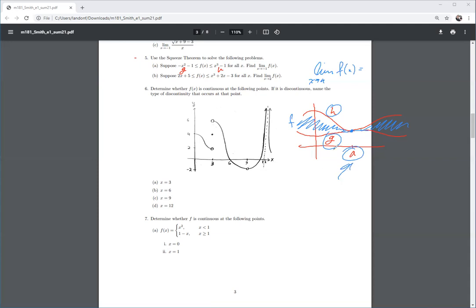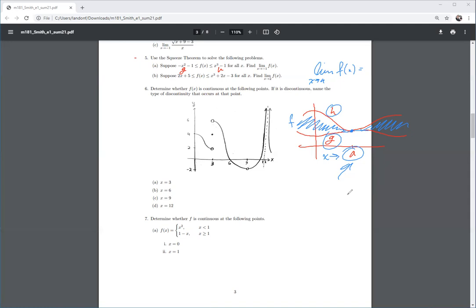Any ideas what we're approaching? So x is approaching what? What do you guys think that would be? Maybe 1.